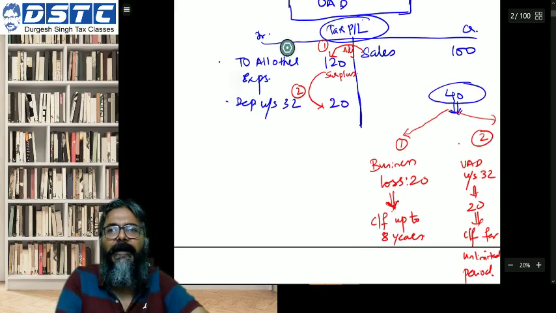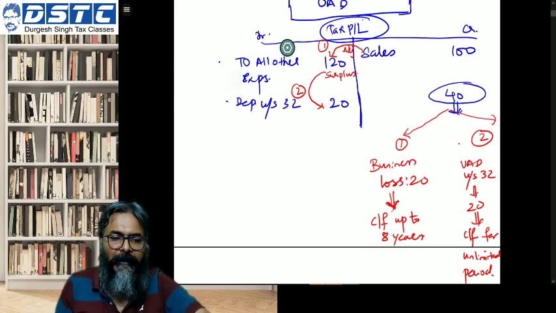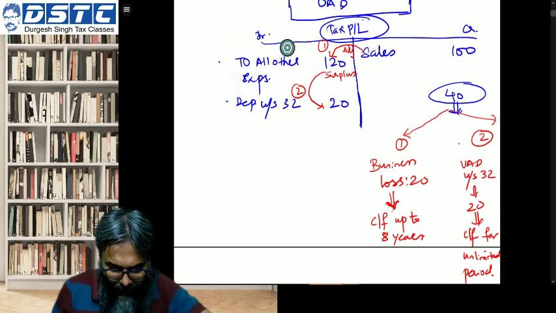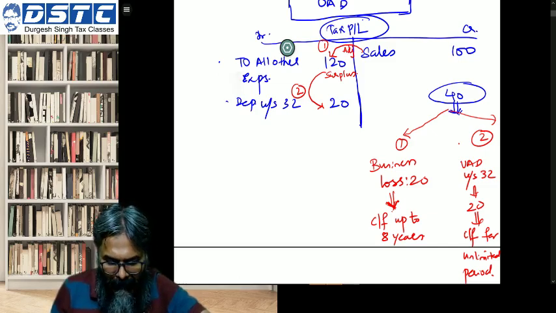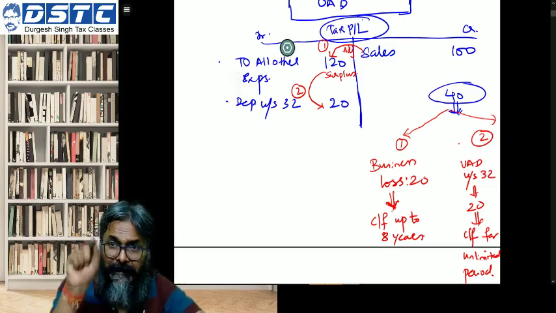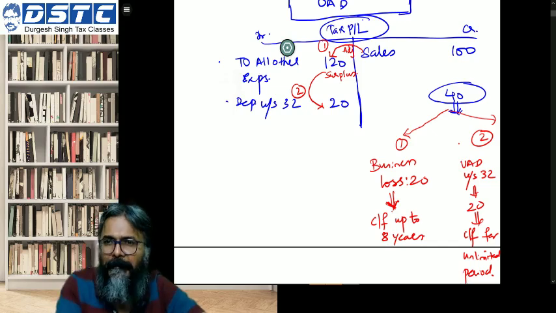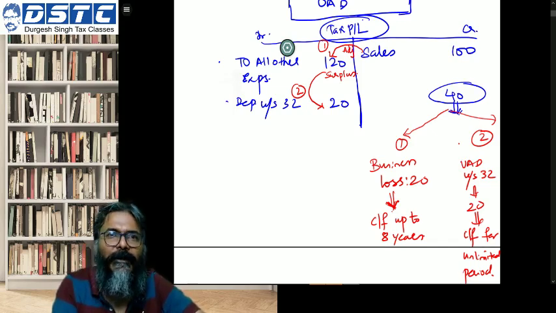This is the reason why we have to split between the business loss and the unabsorbed depreciation. That is the reason why we do the splitting part.